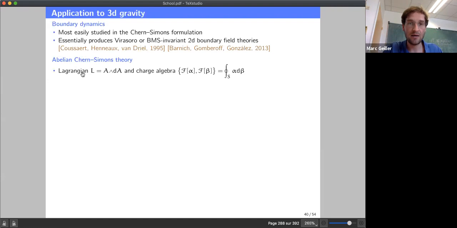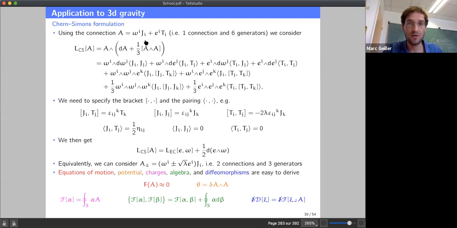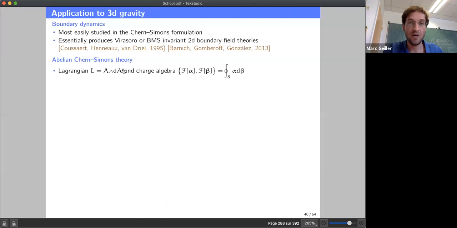We can look at the Lagrangian of abelian Chern-Simons theory. You notice that this is the same Lagrangian that I gave on the previous slide, except that now it's abelian. So this commutator here is not present. We just have A wedge dA. It's a very simple Lagrangian.